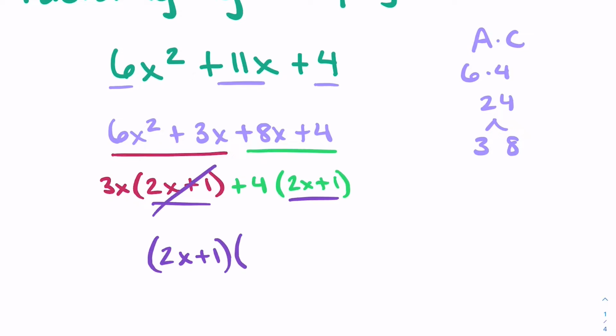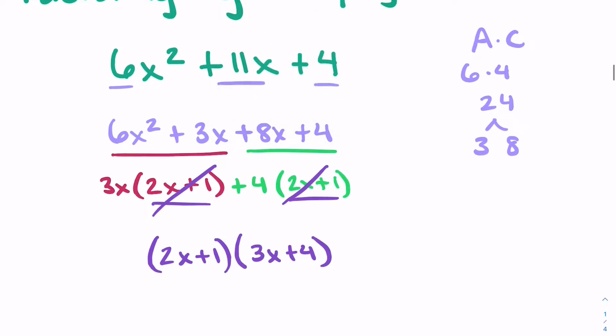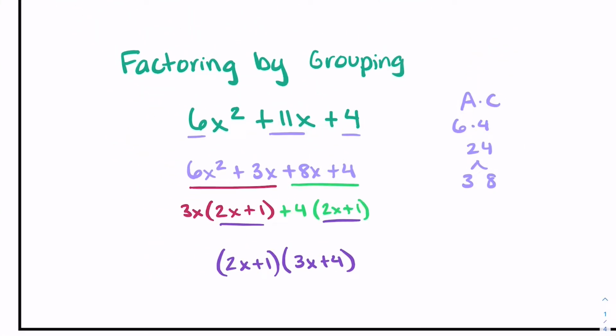So get rid of that, and I have 3x plus 4. I don't want to leave that slash through it. Whoops, let me change that. That was just a visual to show you that that's being factored out, and that what's left over is 3x plus 4. And that's factored by grouping.